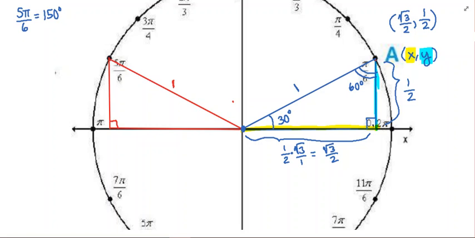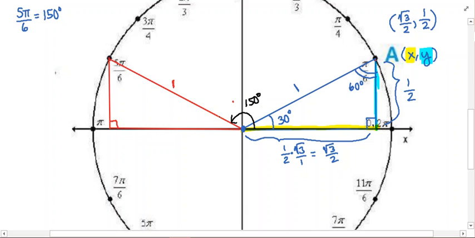Now we're dealing with 5 pi over 6, which is really 150 degrees. Remember, 5 pi over 6 or 150 degrees is in standard position. That means the initial side of the angle has to coincide with the positive x-axis, and you start rotating counterclockwise for 150 degrees.